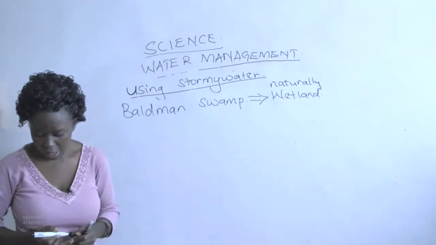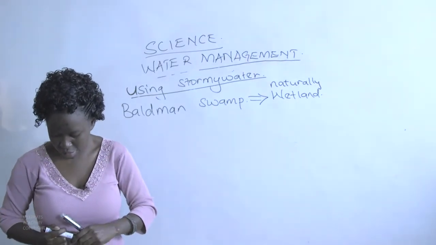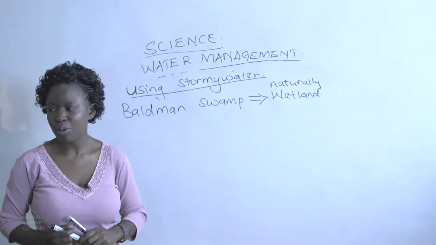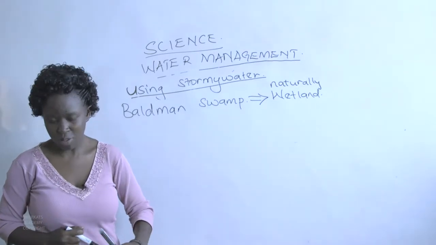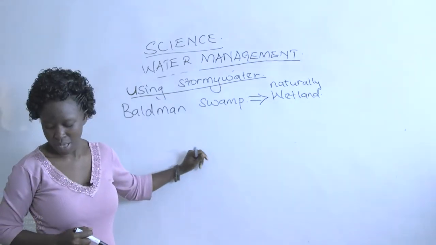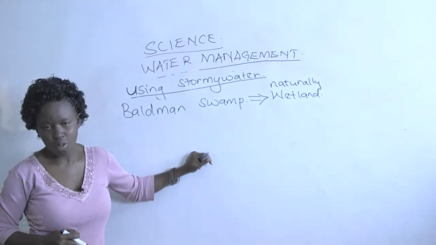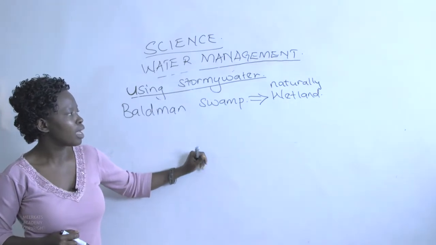So being naturally a wetland area, it is very important for various activities. First, it is used as a habitat for a variety of birds and animals. A habitat is simply a home.